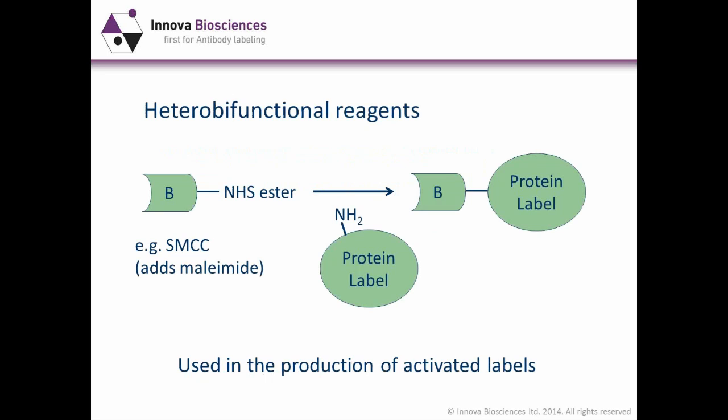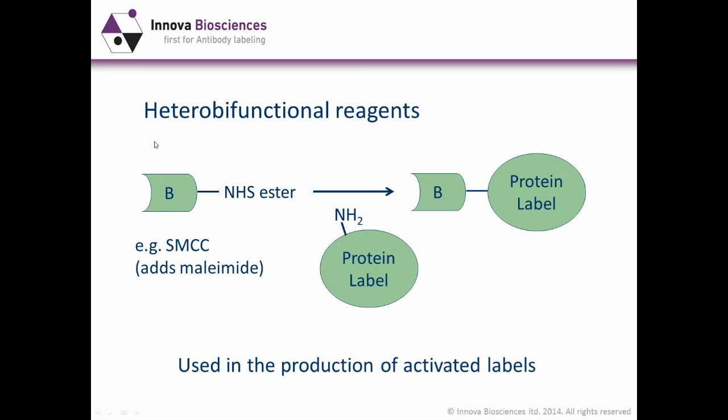Okay, at this point, I think it's worth mentioning heterobifunctional reagents. You'll definitely see this term in any conjugation textbook. It's essentially a reagent that is usually an NHS ester, which you've just seen in one of the earlier slides, connected to a B functional group. These are the groups that are attached to the protein labels.